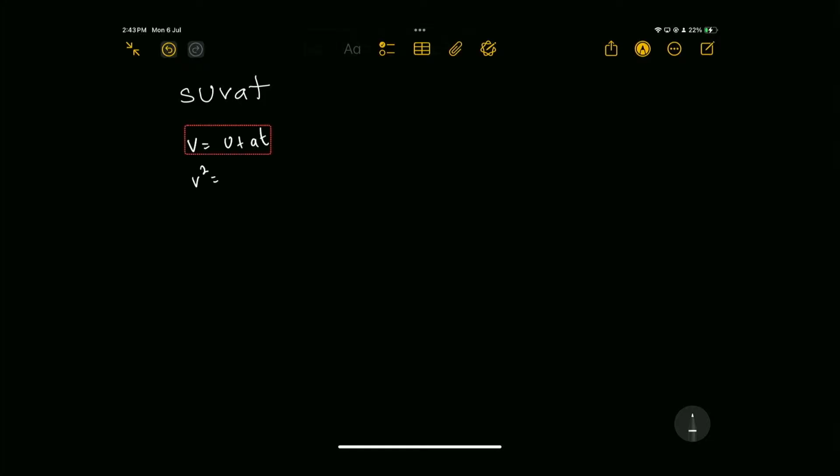V squared equals U squared plus 2AS, and there was one more. S equals UT plus half AT squared.